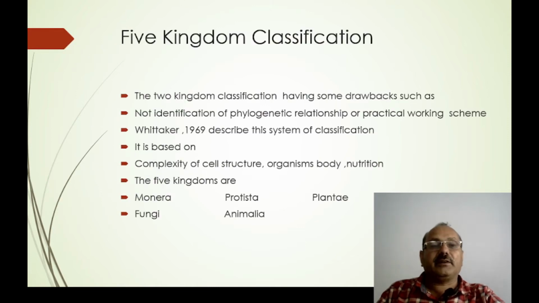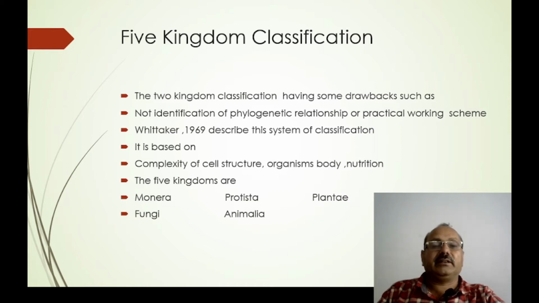Today's topic of discussion is Five Kingdom Classification. Up to today there was the two kingdom classification, but this classification had some drawbacks, and hence later on the scientists studied in detail and found the five kingdom classification.